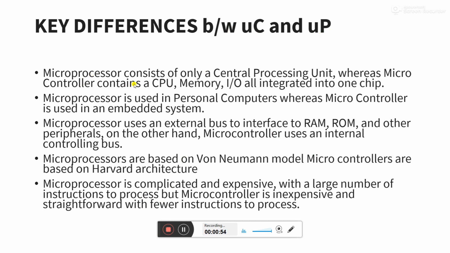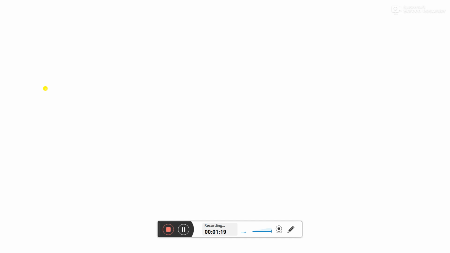A microprocessor consists of a central processing unit, whereas a microcontroller contains the CPU, memory, and input output, all integrated into one chip. That is the main and core difference between a microcontroller and a microprocessor.